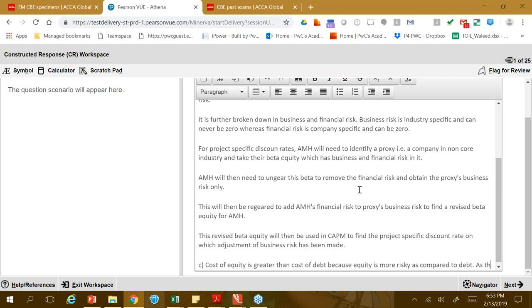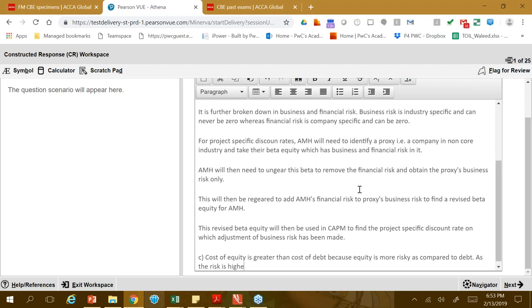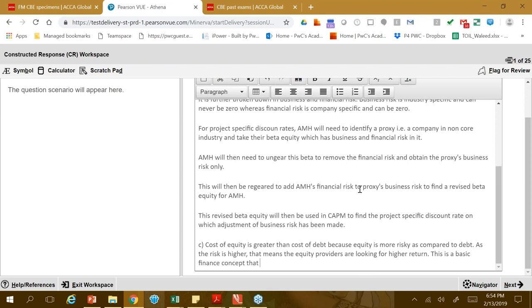As the risk is higher, that means the equity providers are looking for higher return. This is a basic finance concept, that higher the risk, higher the return expected by investors.